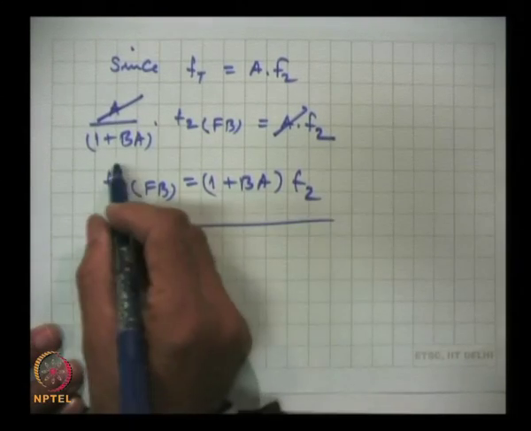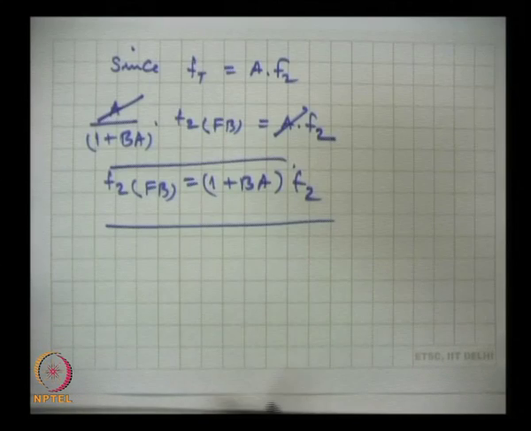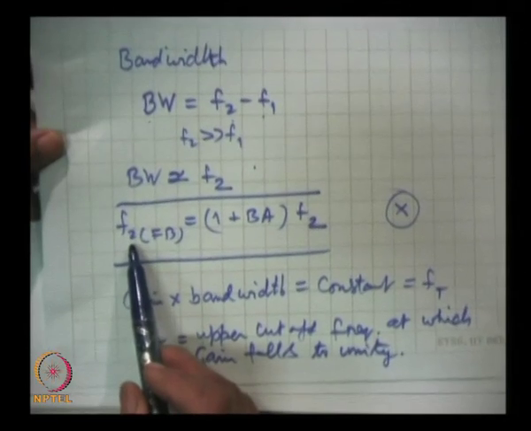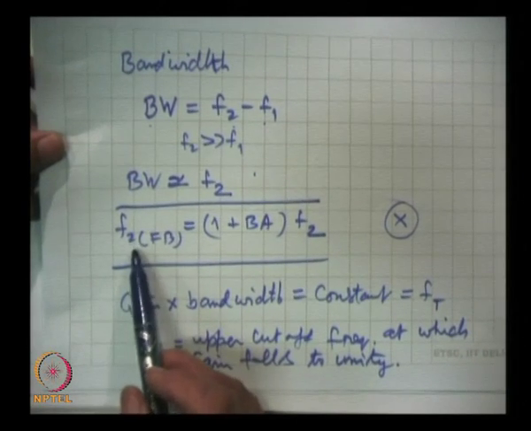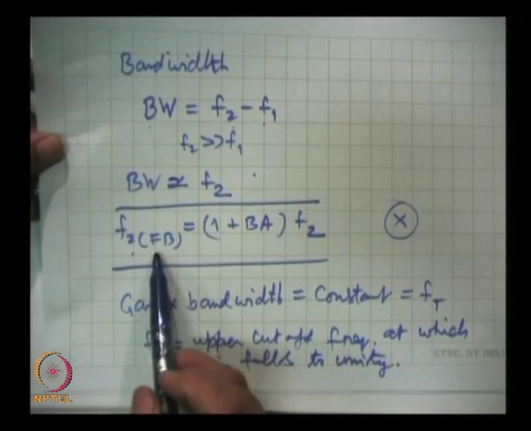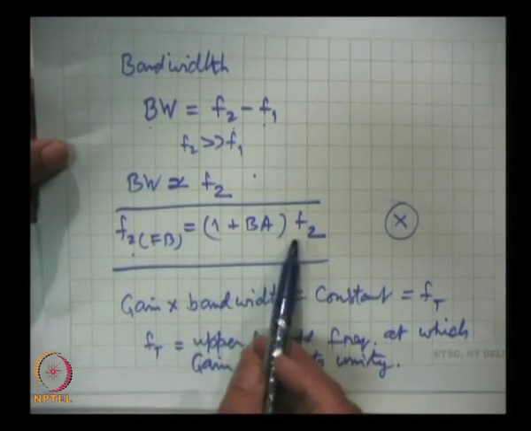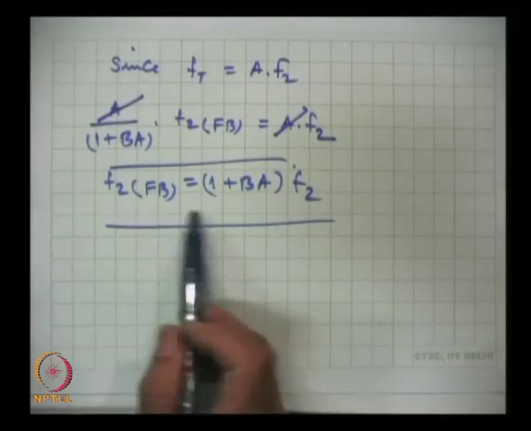This is the same equation as we had earlier, equation X. The upper cutoff frequency, which is bandwidth, for a feedback amplifier equals 1 plus BA into f2, same we get here from a different angle.